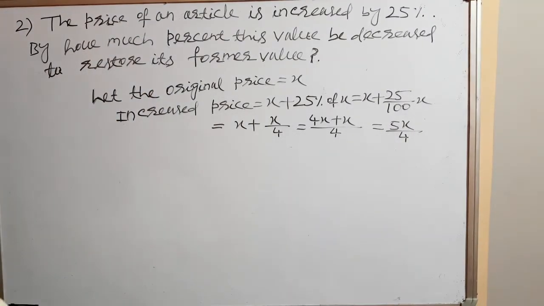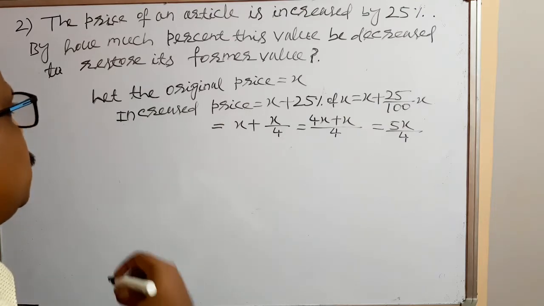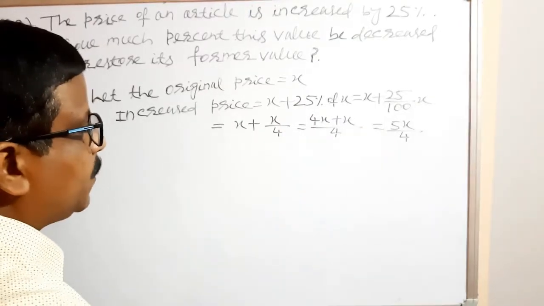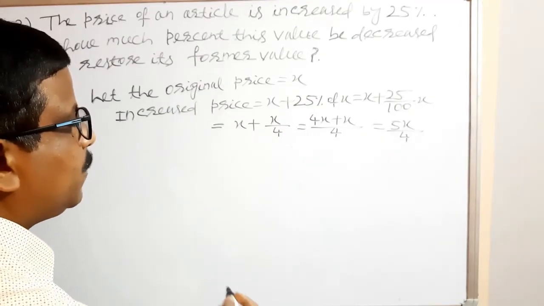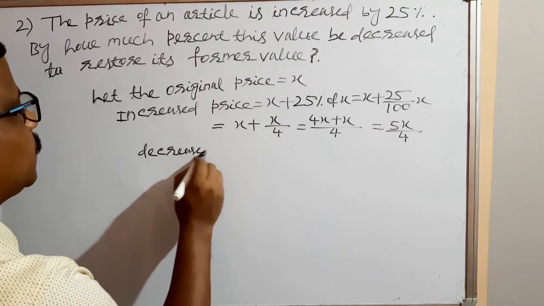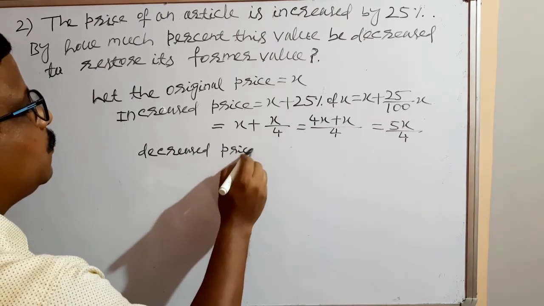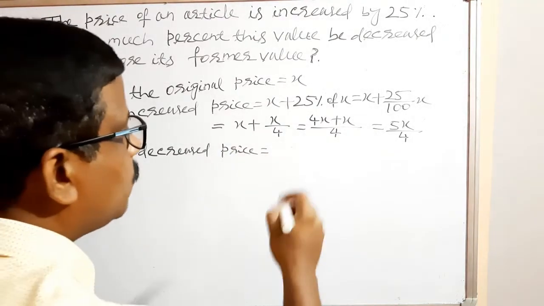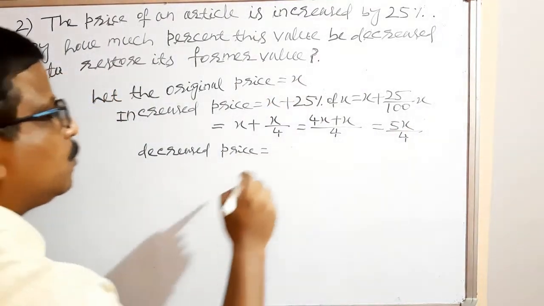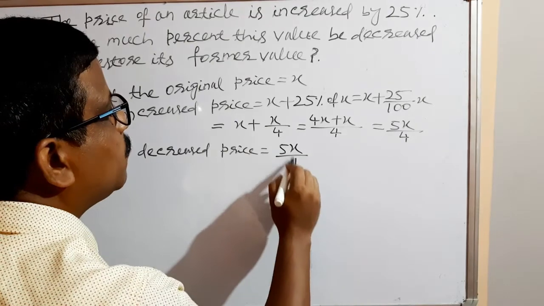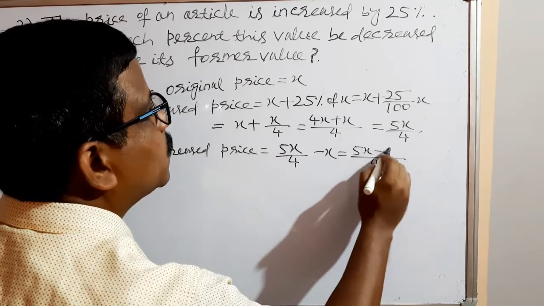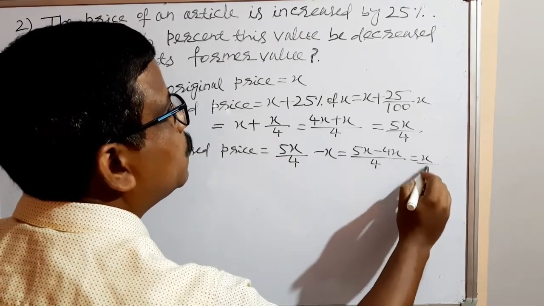Clear the increased value. Now this price we have to decrease to get the original value. So the original price is X and the increased price is 5x by 4. How much would the price be decreased to get the original price? So the decreased price is equal to 5x by 4 minus x, so it will be 5x minus 4x, which is x by 4.